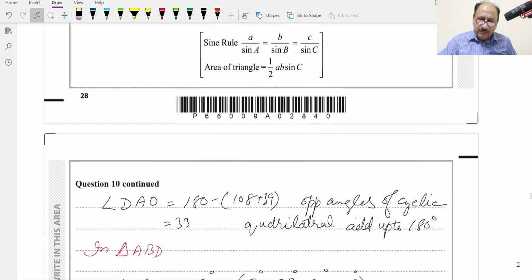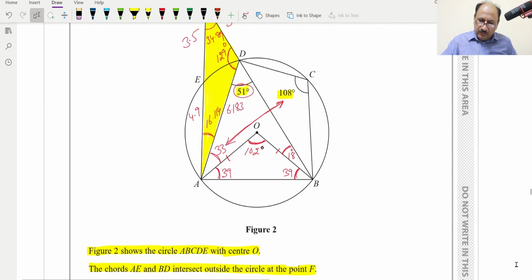5.73 is AB, and AB is this one, which we can write as 5.73. Now we can apply the sine rule.